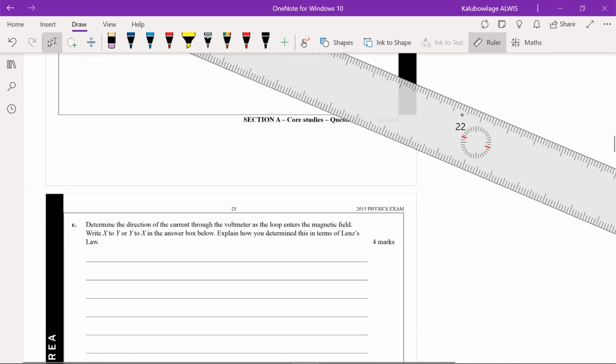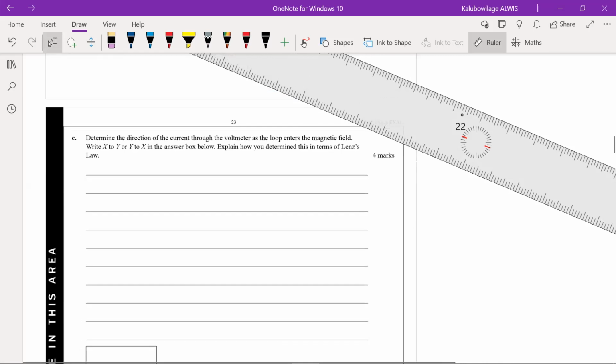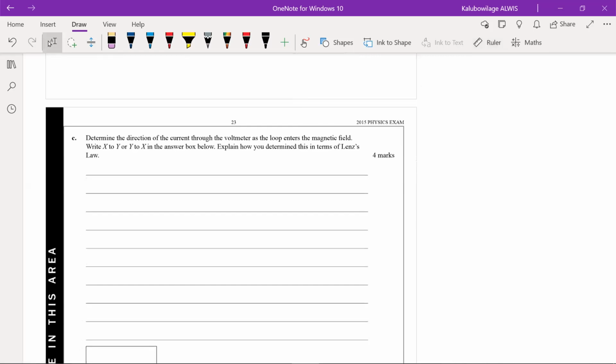Determine the direction of current in the loop, as the field goes from X to Y or Y to X. Lenz's law.